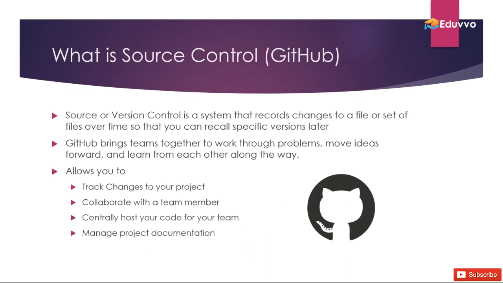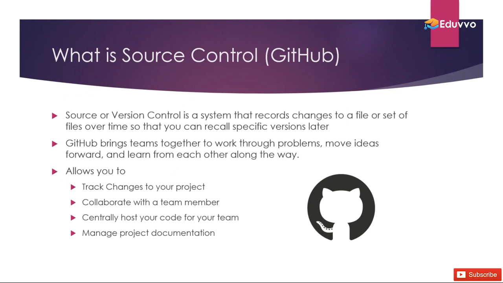Now, every step of the way, we will want to track our progress, and we will be doing this using source control and more specifically through GitHub. Now, GitHub, or by extension source control, allows you to track changes to your project, collaborate with team members if you have to work in a team setting. Instead of copying and pasting code files, you can just upload to a central place that everybody has access to all of your changes.